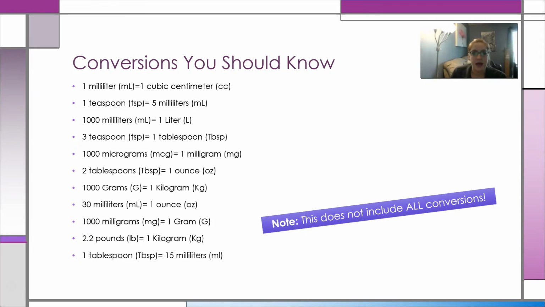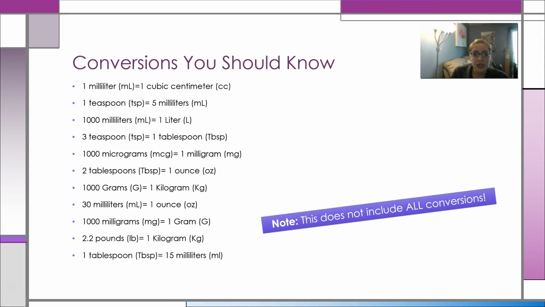So things like 1,000 milliliters equals 1 liter. 3 teaspoons equals 1 tablespoon. 1,000 micrograms equals 1 milligram. So those are in the metric system. I'm not going to be going through the metric system, but if you're still feeling a little uncomfortable with the metric system, I do encourage you to go and review that as well.